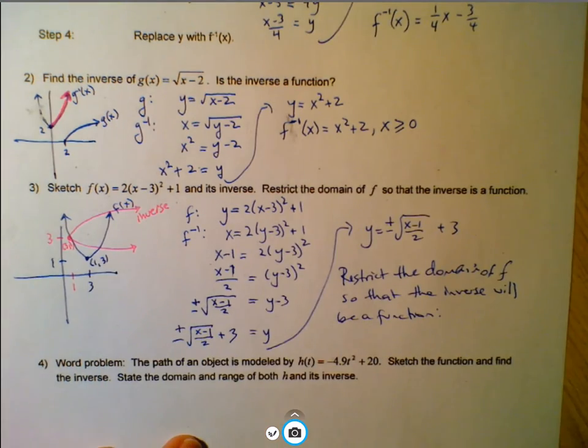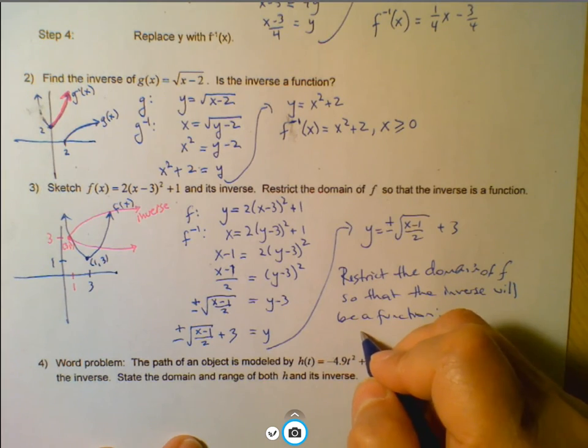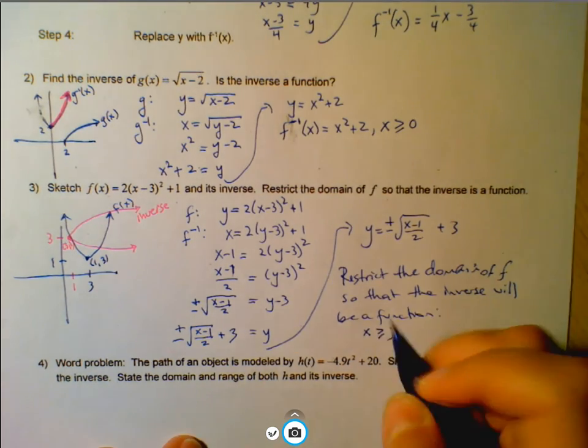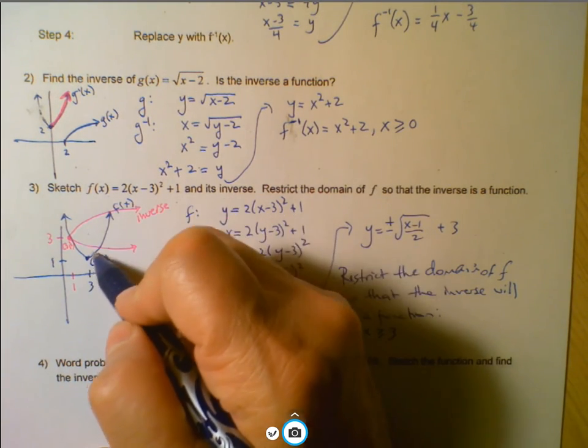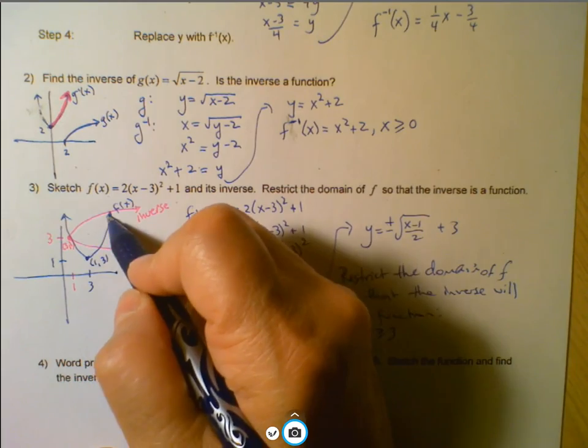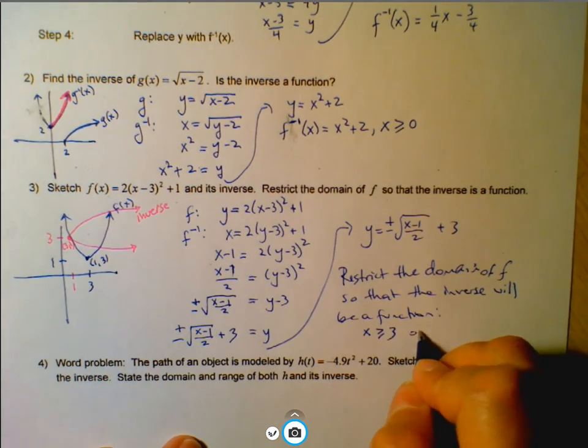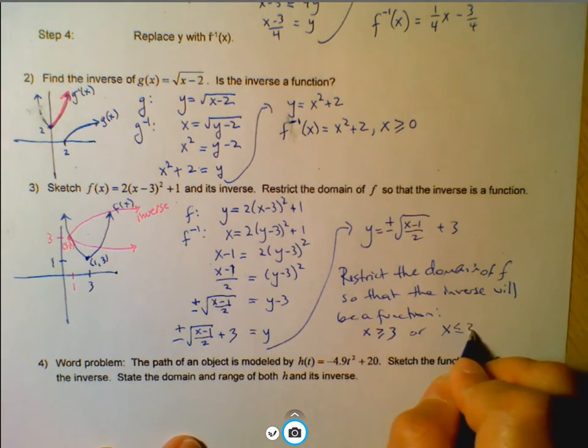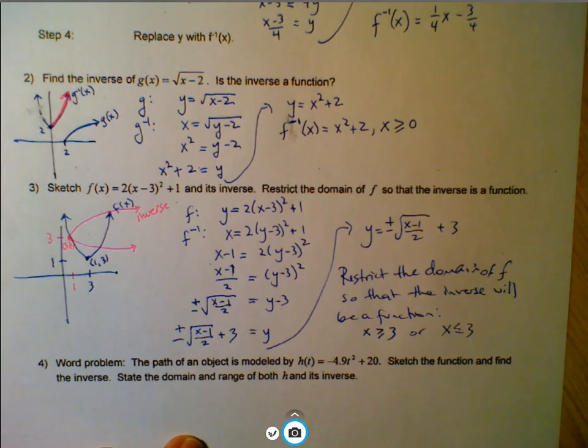So I could take the part that says x is greater than or equal to 3, that would be the right side. Or I could take the part where x is less than or equal to 3, that would be the left side. And if I take just one of those parts and not the whole thing, then the inverse of each of those parts will be a function.